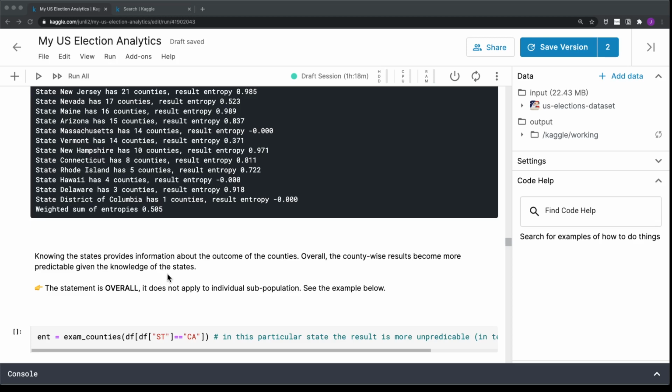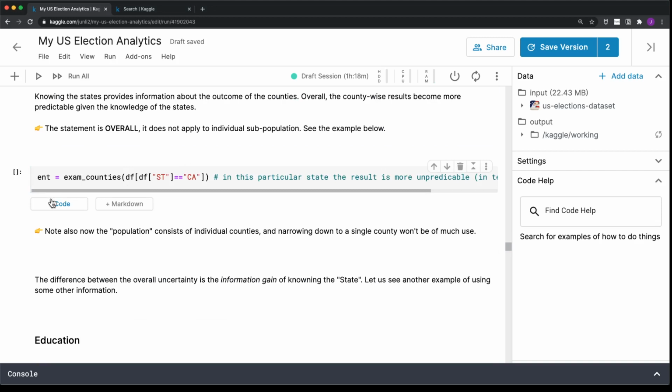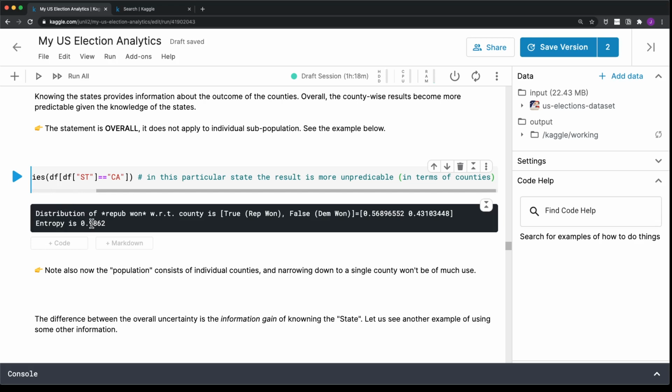For example, if you consider the state to be California, and let's look, if we execute this code, look, the entropy is higher, because in California the numbers of Republican and Democratic counties are closer to each other, which is consistent with the fact that the number of people voting for Republicans is fewer than the Democrats in California, and the subpopulation's entropy is higher than the original entropy. Okay.